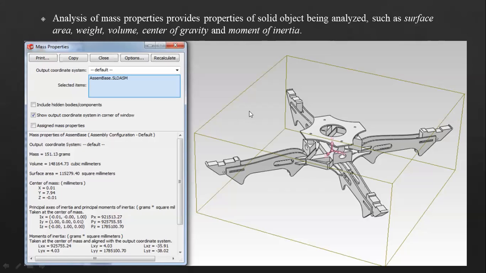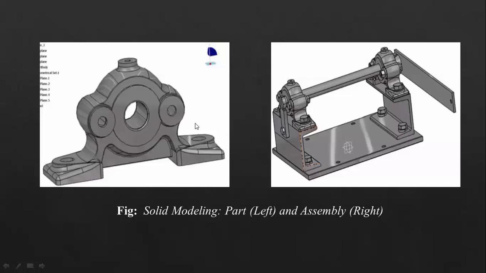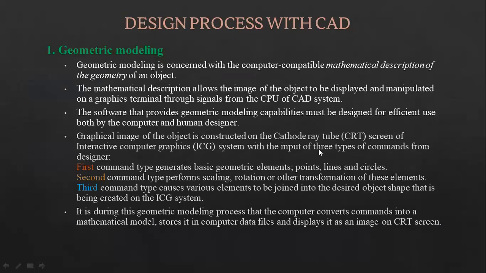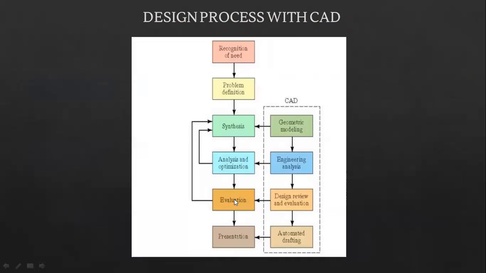So this is what you mean by iterations, right? You analyze it for different cases. You see what are the results. Are those results acceptable? You check it with the evaluation. I'm sorry, problem definition phase, right? Evaluation. You'll see if it is okay with the problem definition phase, what we have specified.